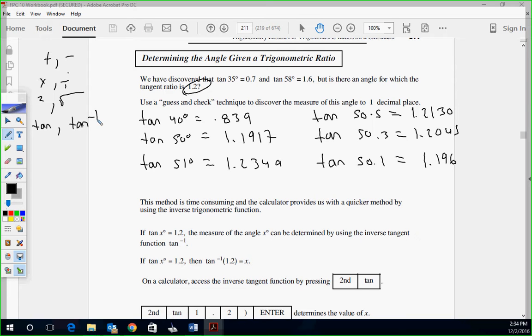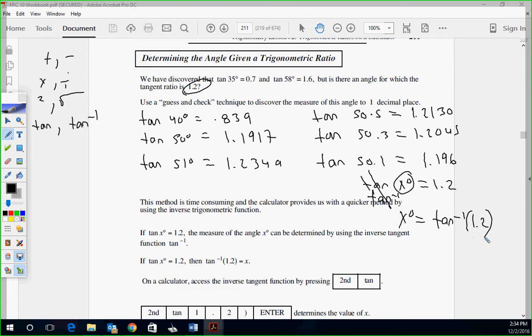So right here, they have the equation. When you have tan of a missing degree measure equals this ratio, we can figure out that degree measure by doing tan inverse to both sides. So you're going to put tan inverse, cancel, tan inverse 1.2 into your calculator.